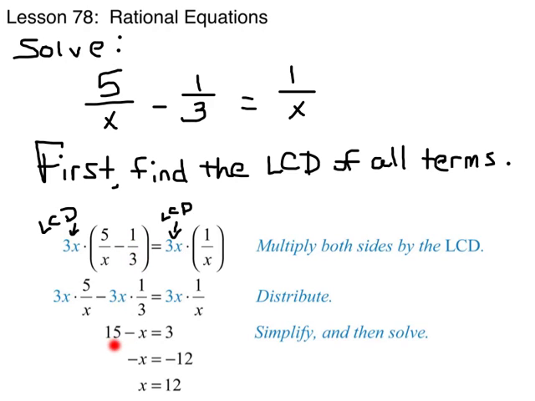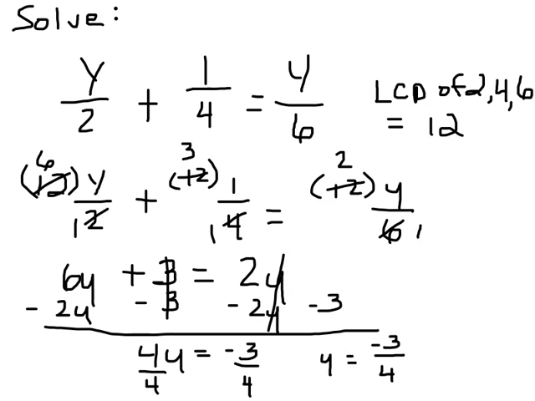That's where we get the 15, because 3 times 5 is 15, and x times 1 is x. And then the same thing here. The x's cross cancel out, and 3 times 1 then is 3. Then all we have to do is solve. Very, very simple. So we're going to do several of these problems together today, just so that you kind of get the hang of all of it.